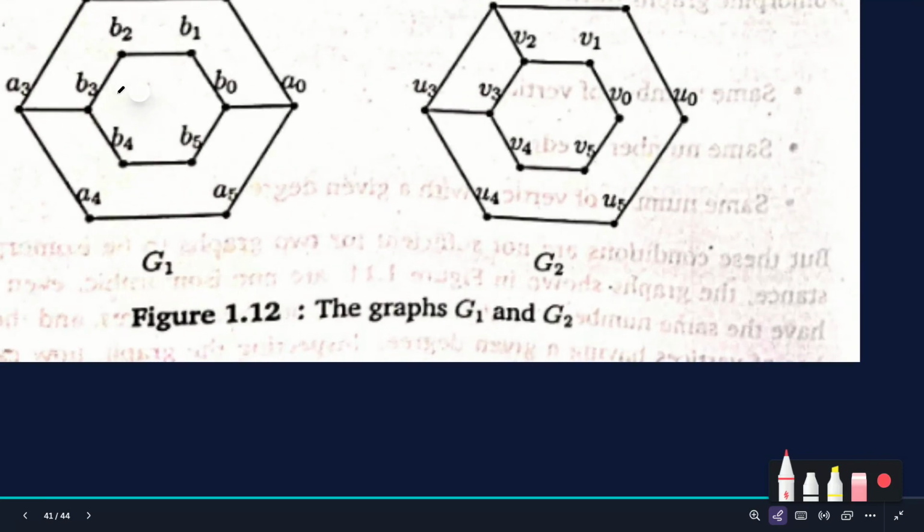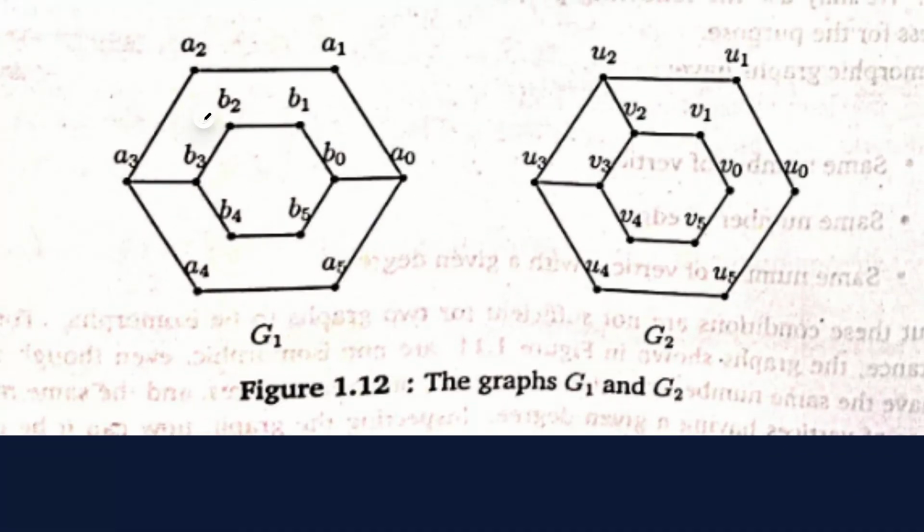Here if you see, this vertex has degree 3. Now this vertex with degree 3 is connected to a vertex with degree 2, a vertex with degree 2, and a vertex with degree 3. So a vertex with degree 3 should be connected with vertices of degree 2, degree 2, and degree 3.